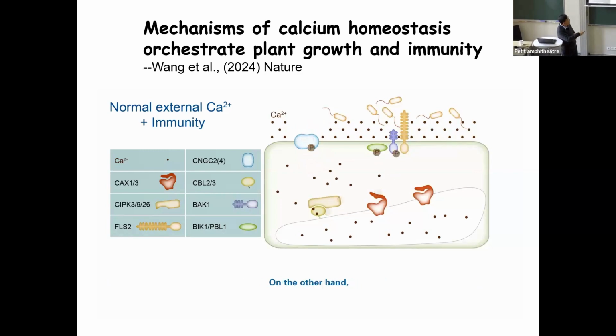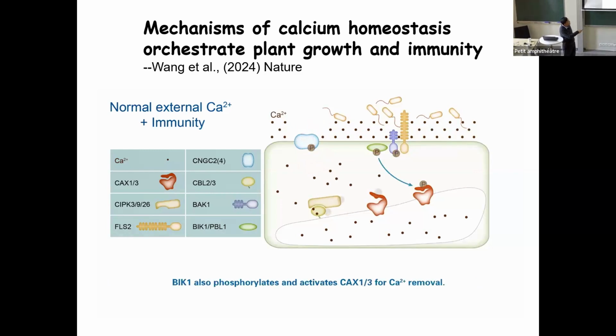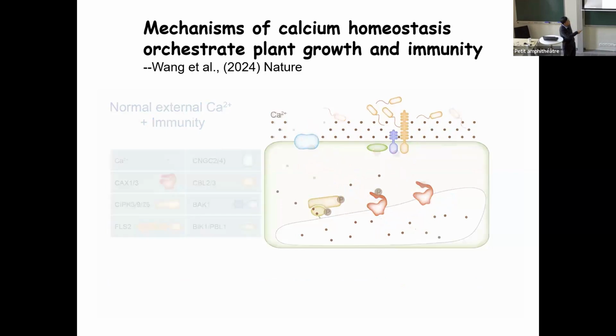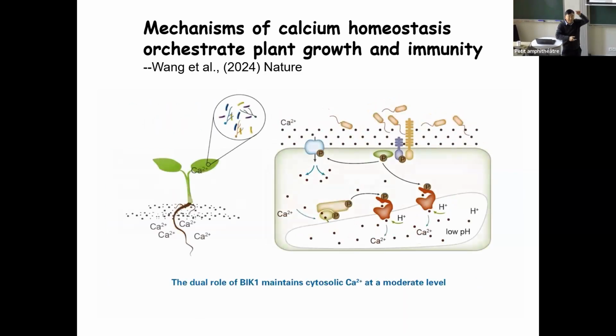So it's transient. And this same kinase phosphorylates this sequestration transporter, getting the calcium into the vacuole to reduce the going up and down. So one kinase has a dual function: it sets the signal and then resets the signal. Okay, does that make sense?